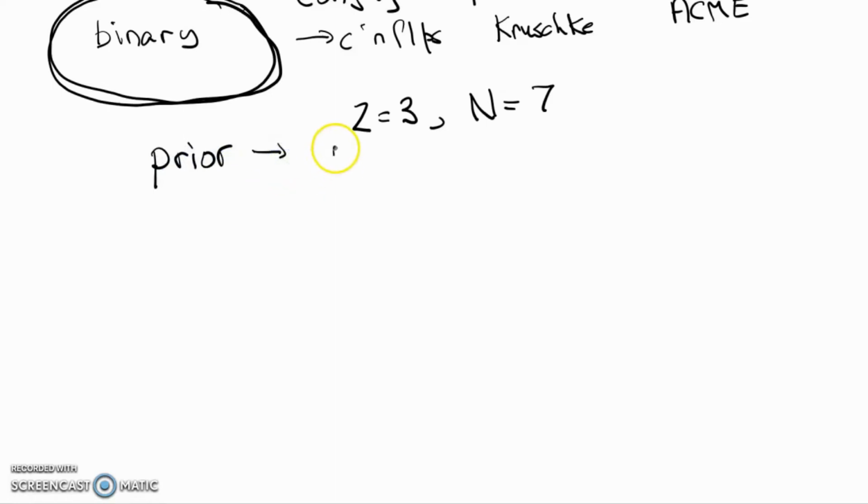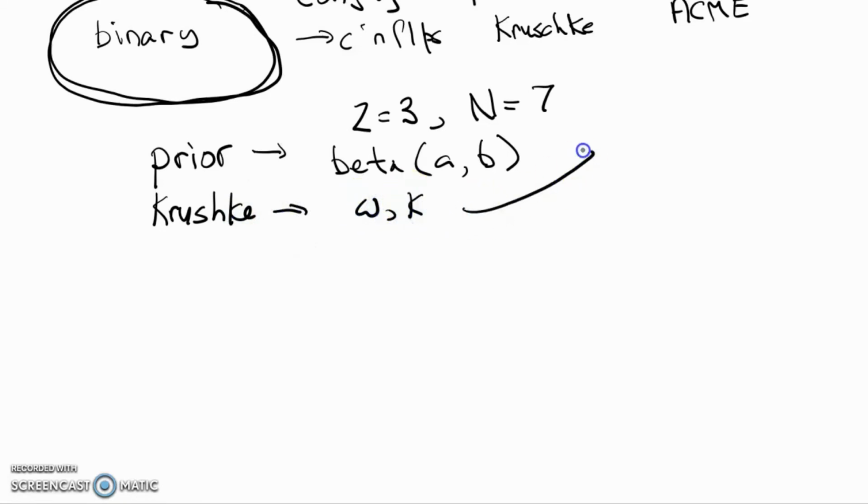So we're not exactly going to specify it as a beta A B. Rather, we're going to use Kruschke's approach of specifying it in terms of omega and kappa, and then we're going to convert to A and B. So I'm going to say that omega is equal to 0.2, that kappa is equal to 20.